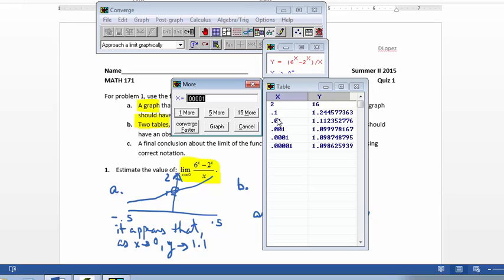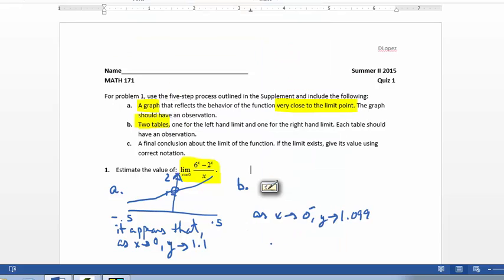And again, now from the right, it looks like it's also 1.099. I could go to more decimal places, but 3 decimal places is at least safe. So you would write that first observation under the one table, and then the other observation would be the same, except now as x approaches 0 from the right side, y is approaching 1.099.